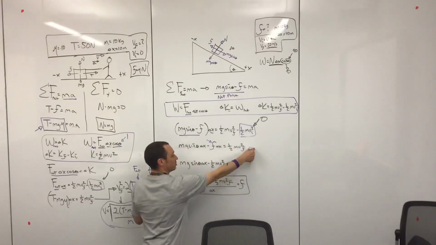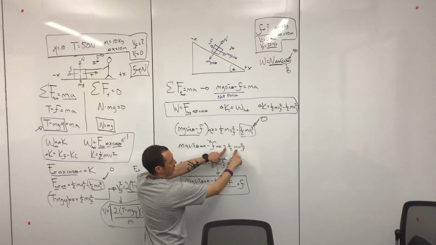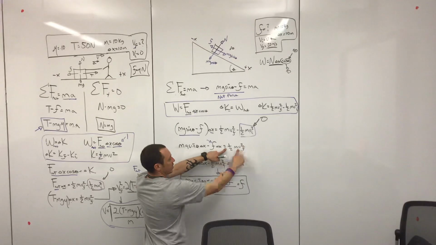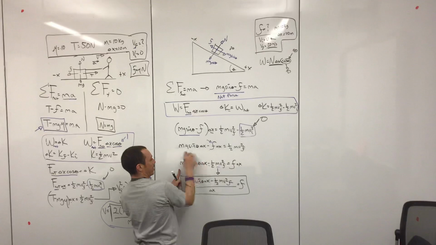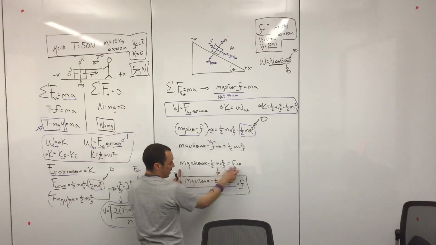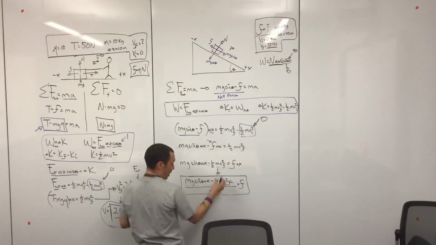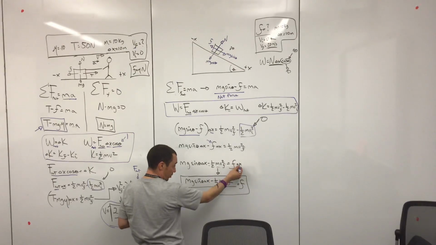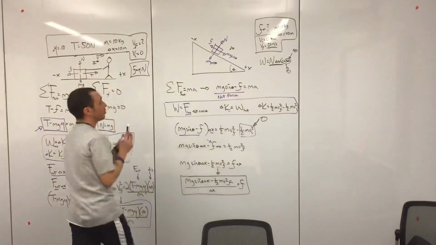So I brought it over to this side of the equal sign, and then I brought 1/2 mv squared final over on this side. So there's 1/2 mv squared subtracted from mg sine theta displacement, and there's friction times displacement on the other side of the equal sign. And now it's just as easy as solving for friction, which is dividing by displacement, and there we go, there's friction. That's how we solve for force.